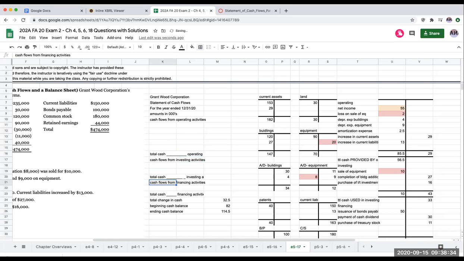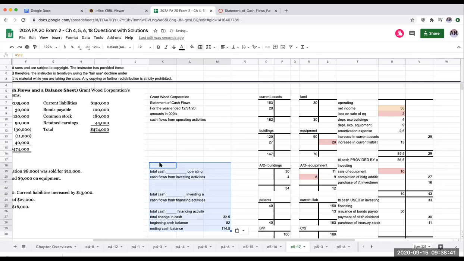So to finish up my statement of cash flows, right over here, starting here with my net income. So this here will be 55,249, 2.5.